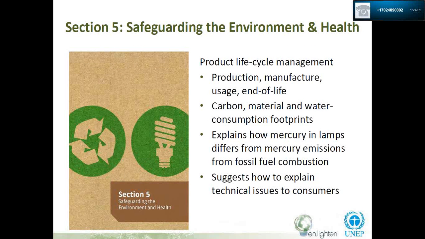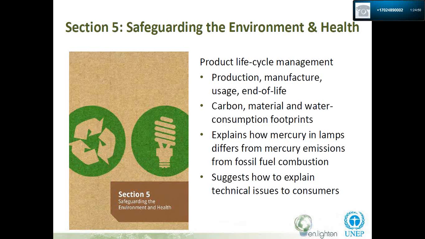Section 5 is a very important section of the toolkit. It looks at safeguarding the environment and health. As I mentioned before, it looks at an entire product life cycle and the management of those products in the marketplace. A lot of the information in this chapter is based on life cycle analyses that look at carbon, materials, and water consumption footprints.